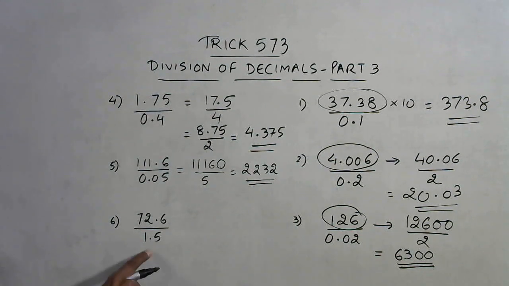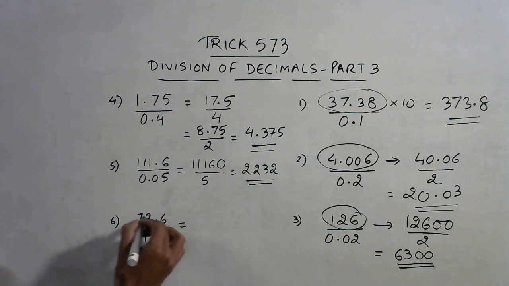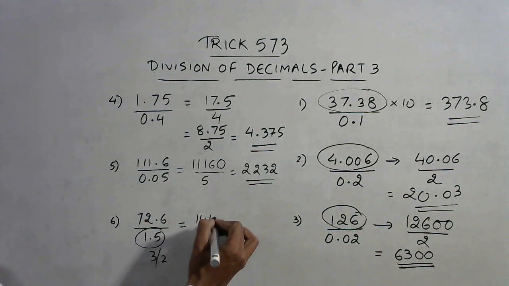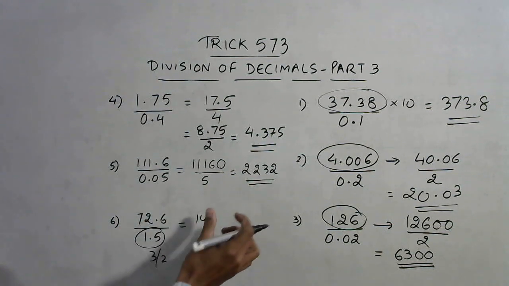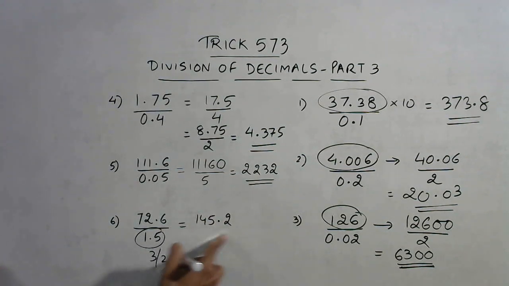So let's see 1.5. For 1.5, you should understand that 1.5 is 1 and a half, that is 3 by 2. So if you consider this number as 3 by 2, then this 2 will go in the numerator, thereby doubling the numerator. 72.6 doubled is 145.2.